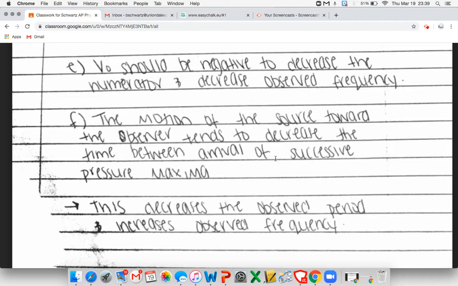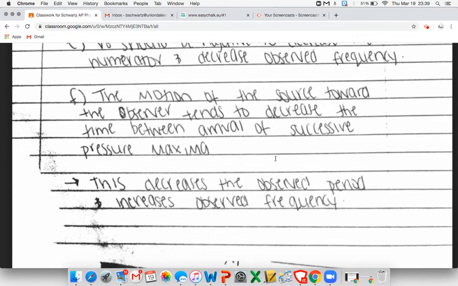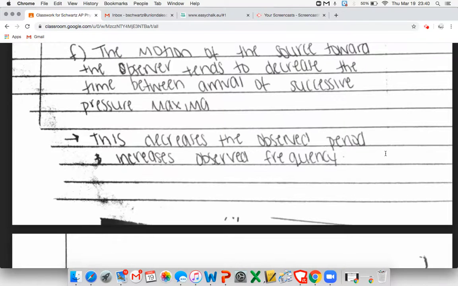How does this motion affect the observed period, the observed frequency? The motion of the source toward the observer tends to decrease the time between arrival of successive pressure maxima, which will decrease the observed period and obviously inversely increase the observed frequency.